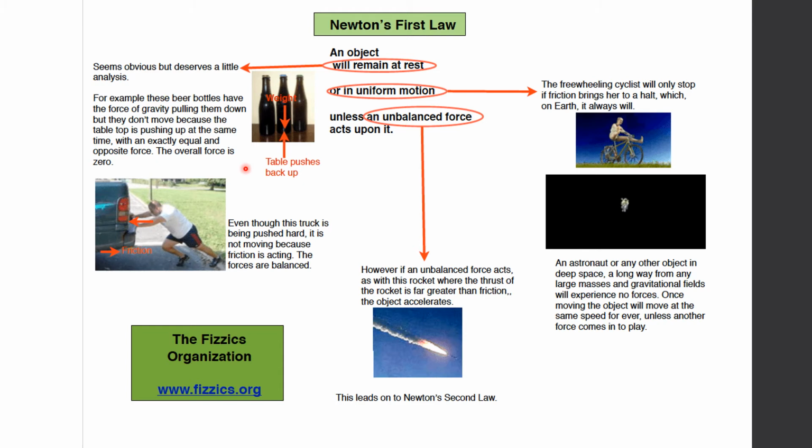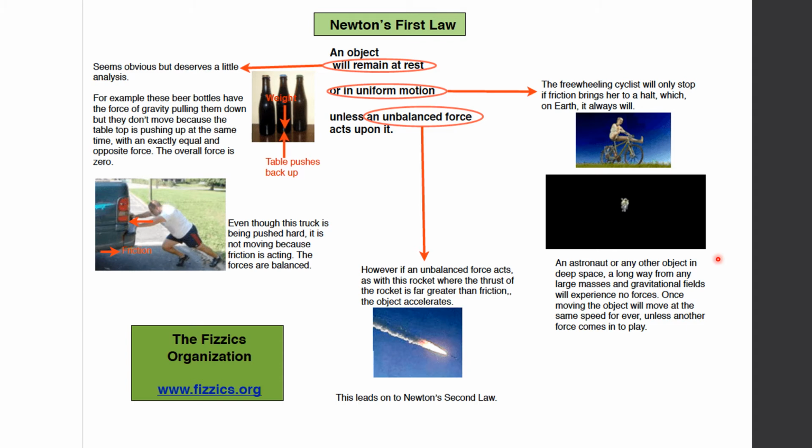Next, even though this truck is being pushed hard, it is not moving because friction is acting there. The forces are balanced, so they're not moving. Well, here, the freewheeling cyclist will only stop if friction brings her to a halt, which on Earth it always will. And then an astronaut, or any other object in deep space a long way from any large masses and gravitational fields, will experience no force.